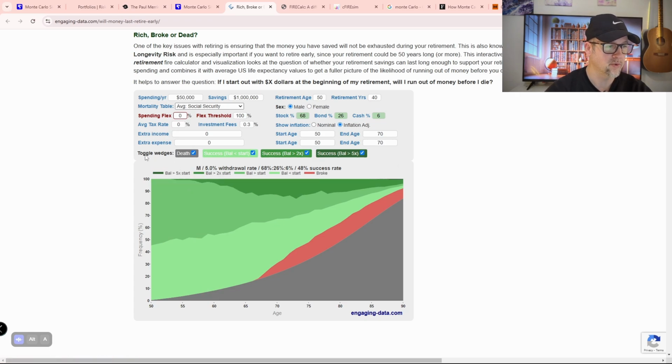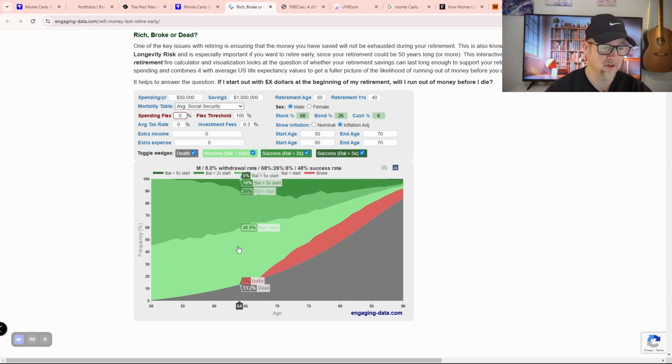Anyway, so the results are, here are the wedges, so we can toggle or untoggle. In this site here, it is telling me that in this gray, it's showing us our chances of death. Our chances of being broke, so we have a greater chance of us being dead than us being broke in this one.